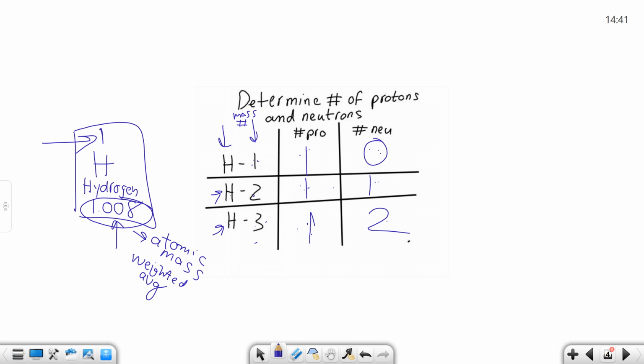What this weighted average is telling you is which isotope there are the most of. If I give you a list of isotopes and you look at the atomic mass, whichever number is closest to 1.008 is the most common of the isotopes.